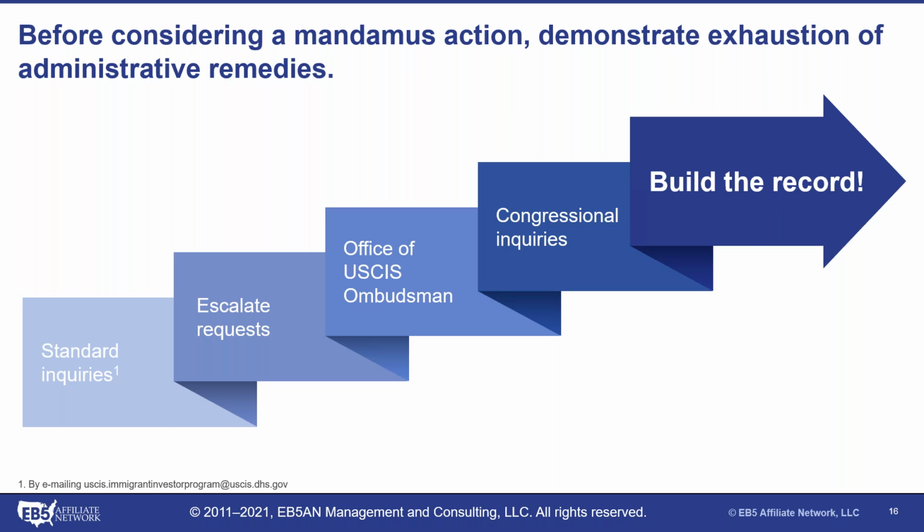The reason we do that is we often get a standard boilerplate response, which is simply along the lines of, thank you for your inquiry. We have a process in place and your petition will be adjudicated under that process. More often than not, we get no response whatsoever.